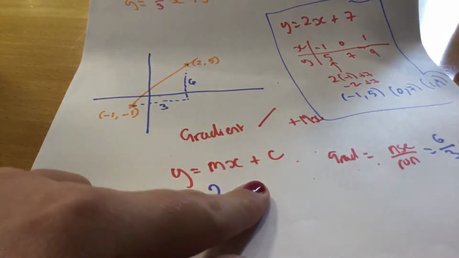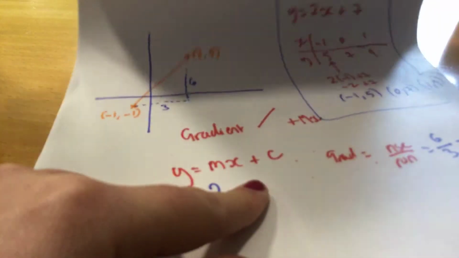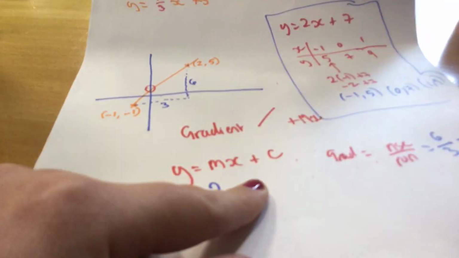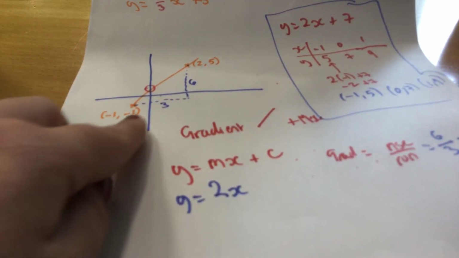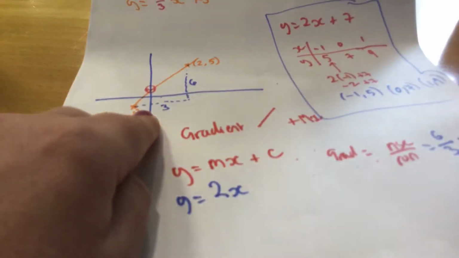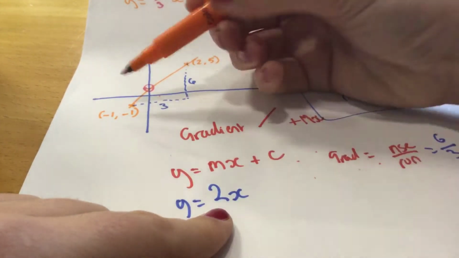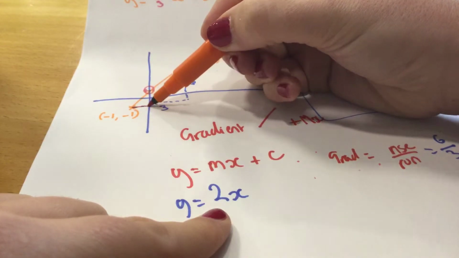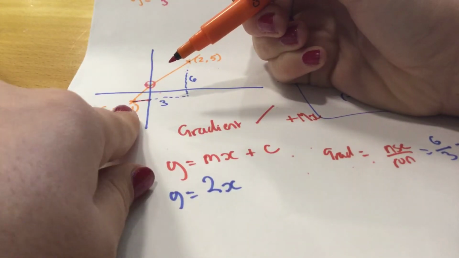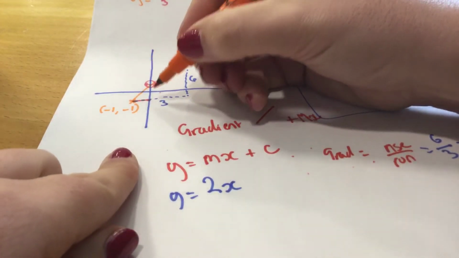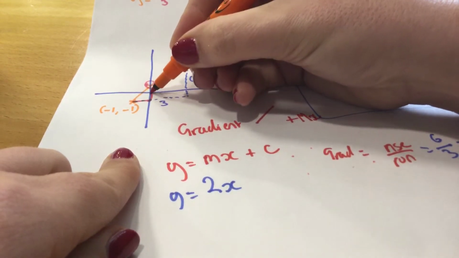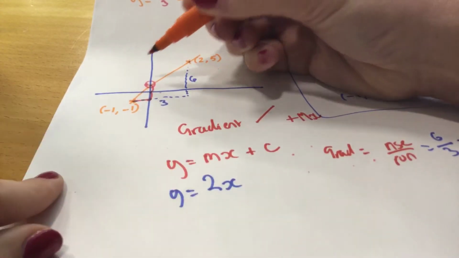Now for the plus c, I just need to look at where it crosses here, because that's what the c is. In order to do that, because I know it's got a gradient of 2, I know that for every 1 unit I come across, I need to go up 2 units, because that's what a gradient of 2 is.